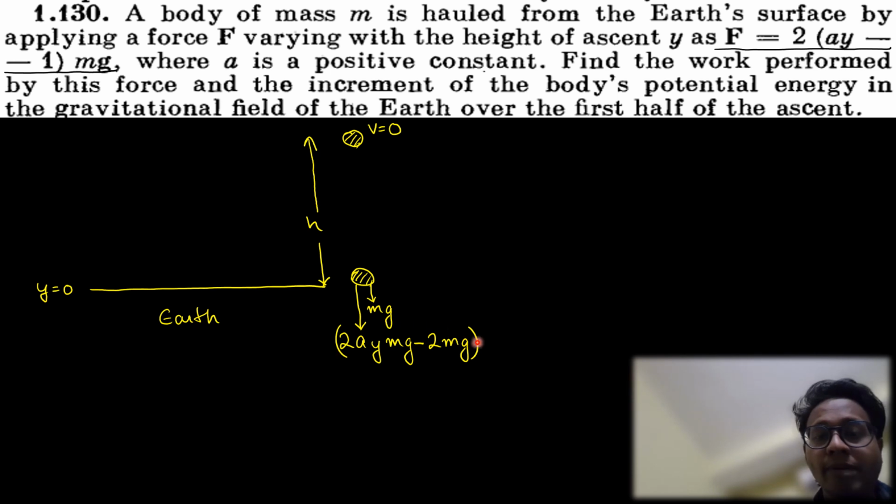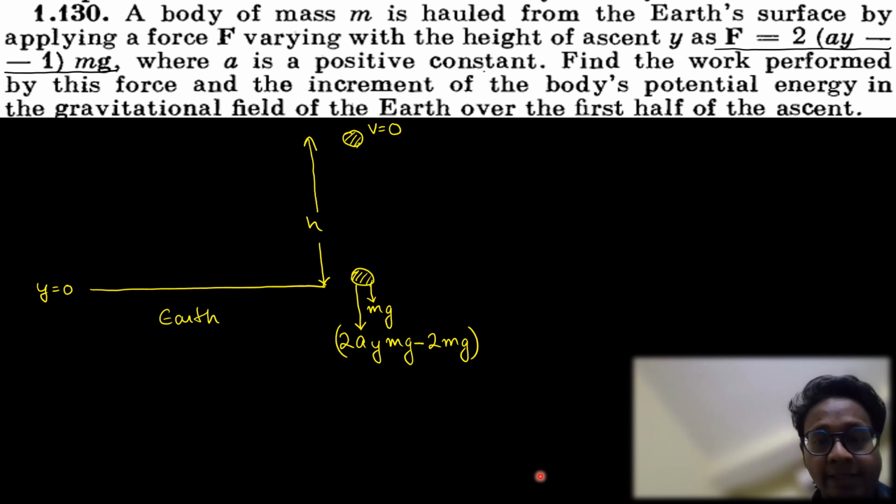Find the work done by this force till h by 2, that means till half the path of ascent. Find the work done by this force up till half the maximum height.